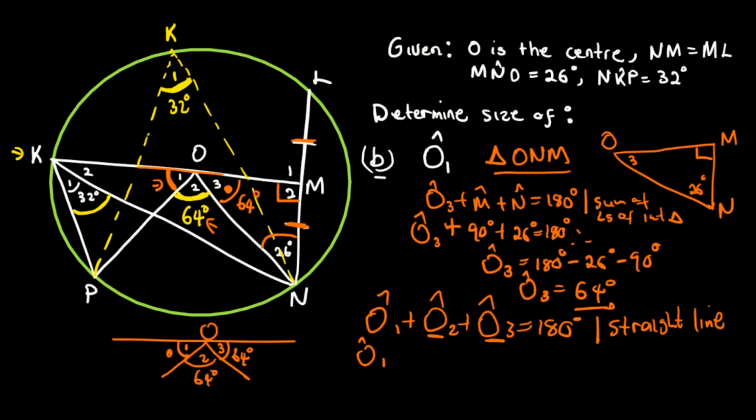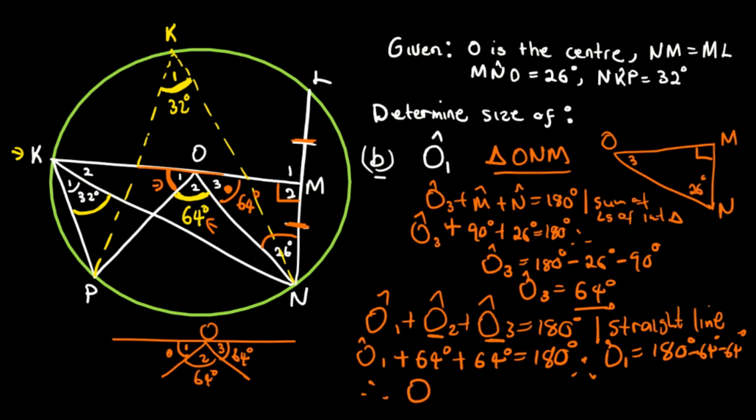So angle O1 plus 64 degrees plus 64 degrees is equal to 180 degrees. Therefore, angle O1 is equal to 180 degrees minus 64 degrees minus 64 degrees, so you can confirm that angle O1 is equal to 52 degrees. This is this angle here, which is 52 degrees.